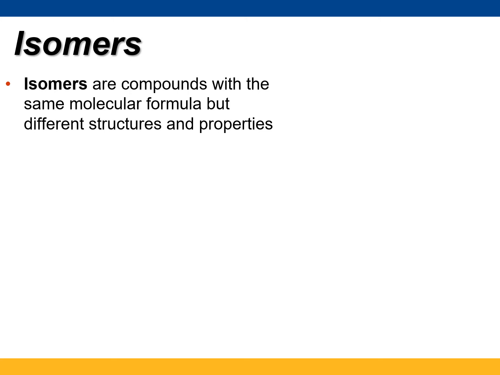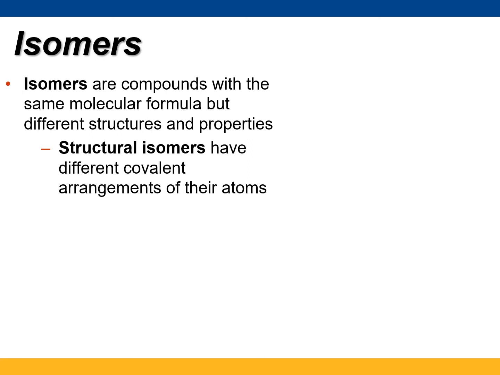They can have the same number of atoms, the same number of elements, but they can have different structures. We call those isomers. So they have the same chemical formula, but different shapes and structures. And sometimes they'll have different properties because of those changes in shapes. Usually those differences are subtle, but nevertheless they are. It is a possibility, because when you change the structure, you can potentially change the function.